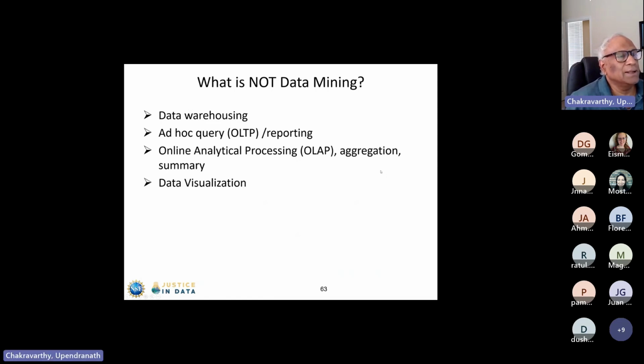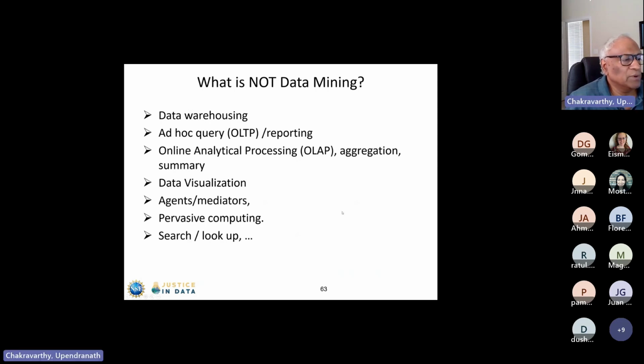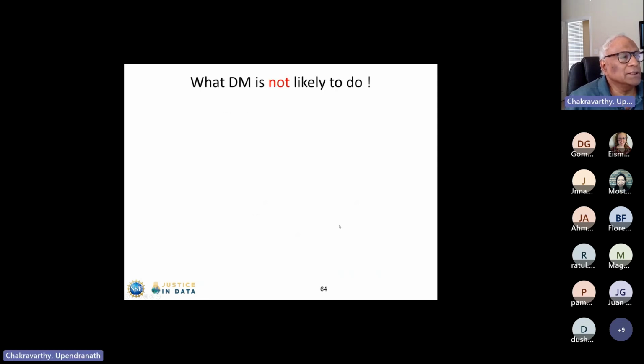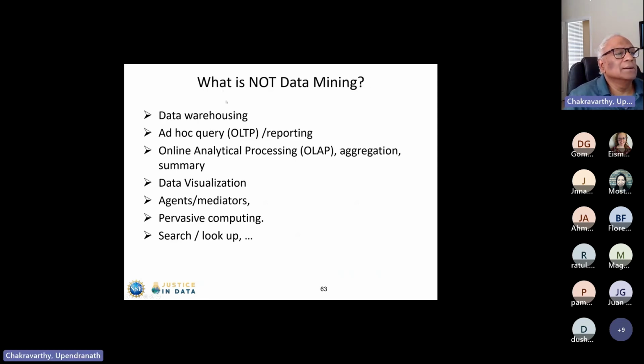It's not necessarily mining, although you may infer something by looking at the visualization, but data visualization is just a regular tool. Agents, mediators, pervasive computers. I just pushed a bunch of stuff because it is important to understand that mining is different from other types of activities that we routinely do a lot.